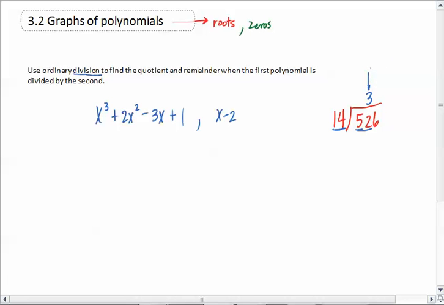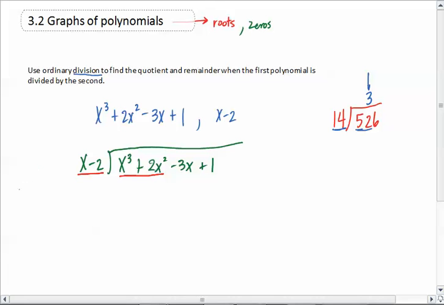Okay, we're going to do that process right over here. Let me get this written, set it up. We have x minus 2 that's going to be dividing into x cubed plus 2x squared minus 3x plus 1. Now, the question will be, will this binomial fit into the binomial? And we're not going to ask how many times. Here's what we're going to ask.